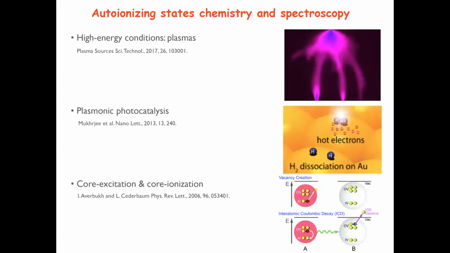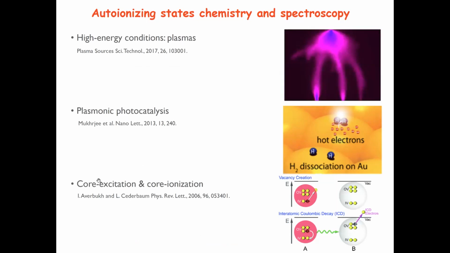And it might seem rather rare in electronic structure, but the states are actually quite ubiquitous. They are commonly found in high energy environments such as plasmas. They can be formed in plasmonic catalysis, for example, upon electron capture by a reactant H2 molecule on the surface of a gold plasmonic nanoparticle. H2 minus will be metastable with respect to electron loss.